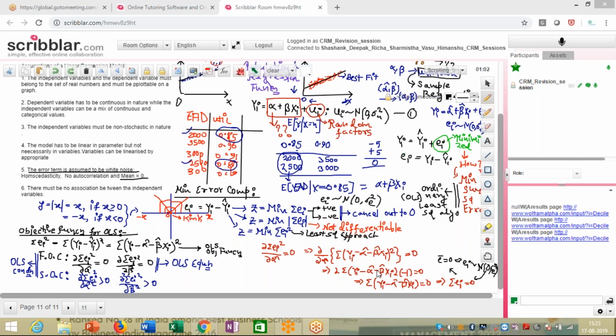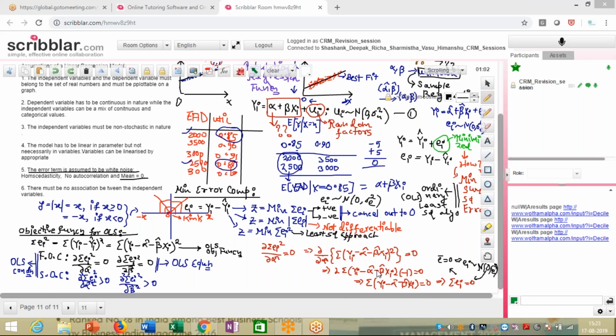Now you have the alpha hat in there, so that alpha hat also has to be differentiated. If you differentiate alpha hat with respect to alpha hat, you get 1, but it is minus 1 into alpha hat, hence this minus 1. In the next step, minus 2 goes out, and minus 2 is not equal to 0.